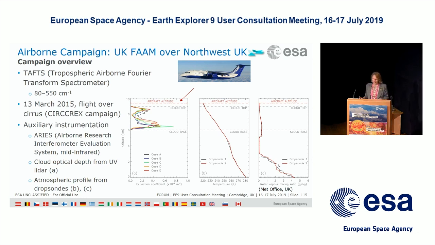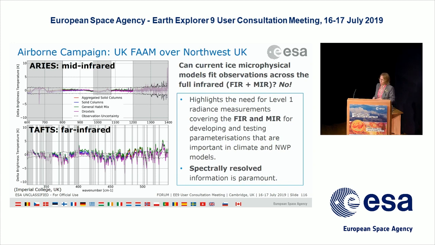We use this to check whether we have information content in the measurements of the far infrared with respect to the crystal shapes of the ice particles. For that, we plot the difference between measured radiances or measured brightness temperatures with simulations, and these simulations were done for different kinds of crystal shapes.